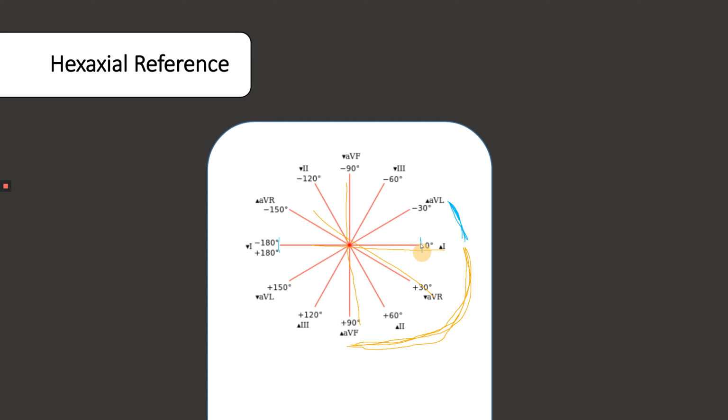So that keyword being physiological, meaning it's okay, it's normal, it's not really pathological. So that's from 0 to negative 30. And then, using a red here, from negative 30 to negative 90, we have pathological left axis. So meaning that it is not normal for the direction of the electricity to travel this far upward, we'll say. Negative 30 to negative 90.